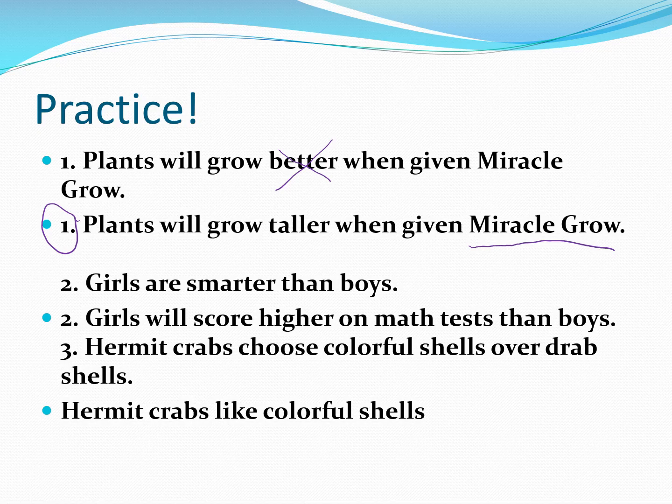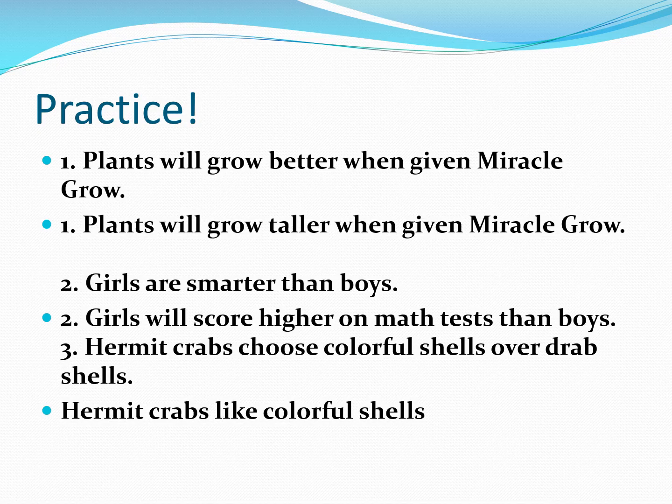Likewise, the next one, number 3, didn't show up, but it's hermit crabs choose colorful shells over drab shells, or hermit crabs like colorful shells. Well, again, hermit crabs choose colorful shells over drab shells is the better hypothesis.